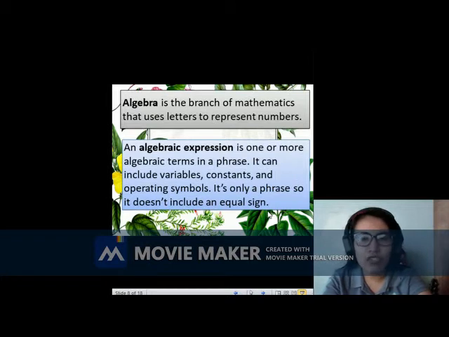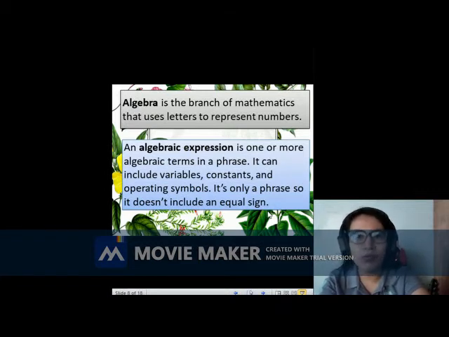Next, the definition of our algebraic expression. An algebraic expression is one or more algebraic terms in a phrase. Okay, why does it say one or more? Because there are types of algebraic expressions, and later you will find out the meaning of "or more".